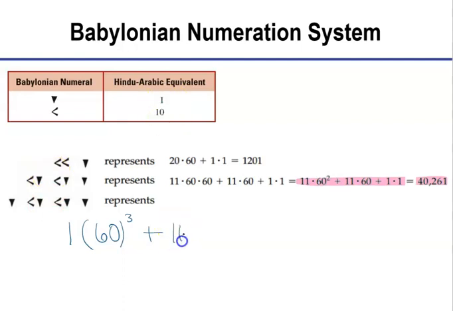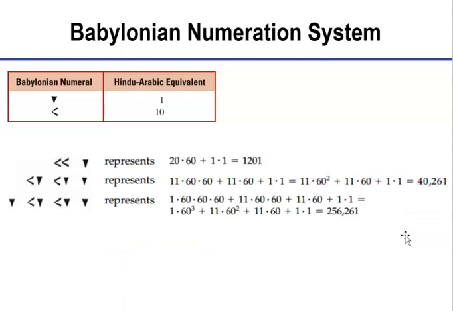So it's 11 times 60 squared plus this one's also 11, but it's just times 60 to the first, or 60. And this is 1 times 60 to the 0, which is really just the ones position. Typed up, there it is for you. Big old number, 256,261 in our regular Hindu Arabic system.